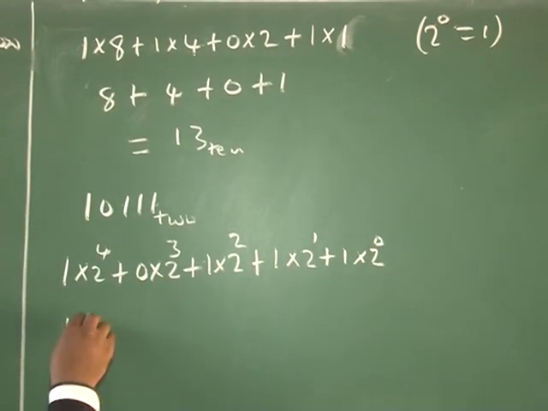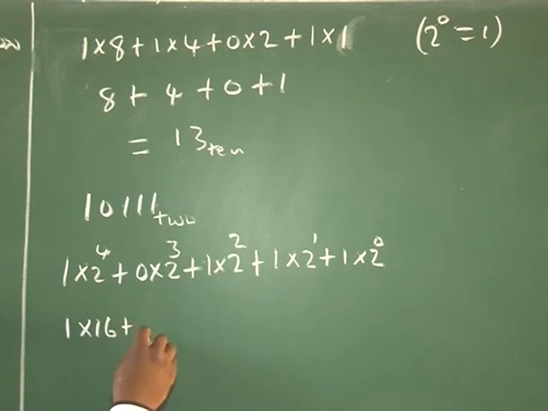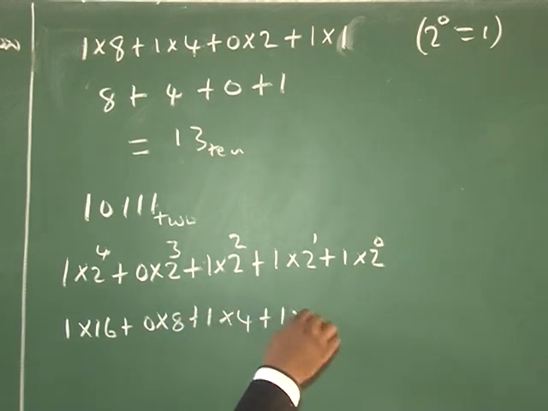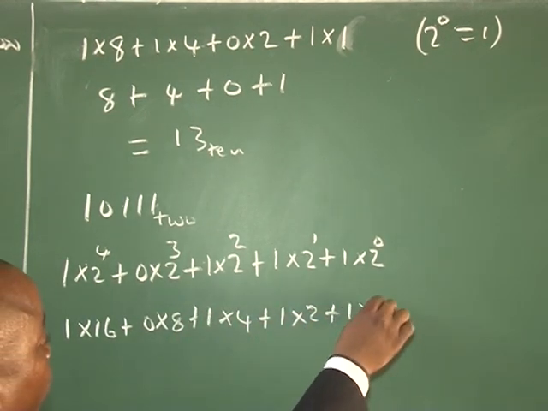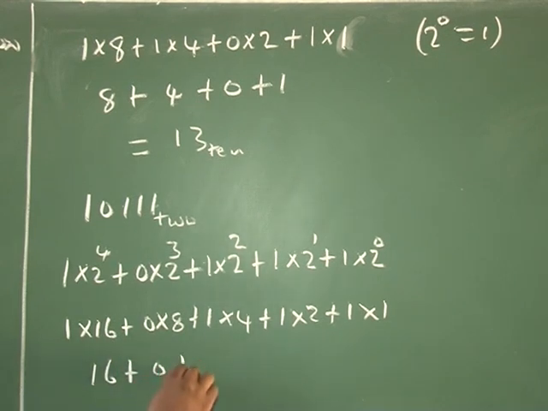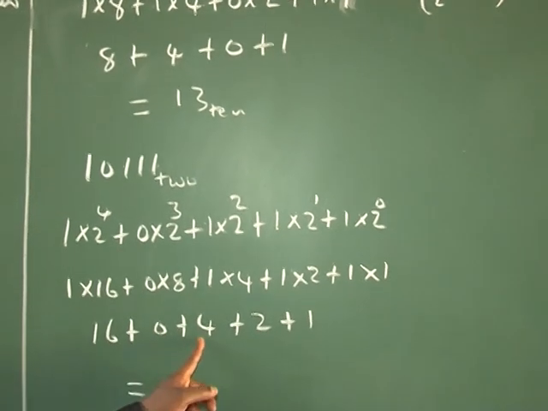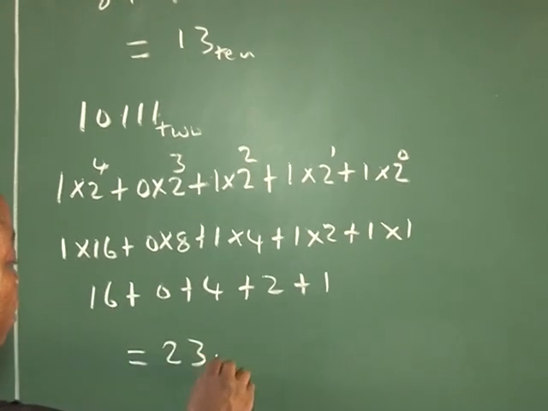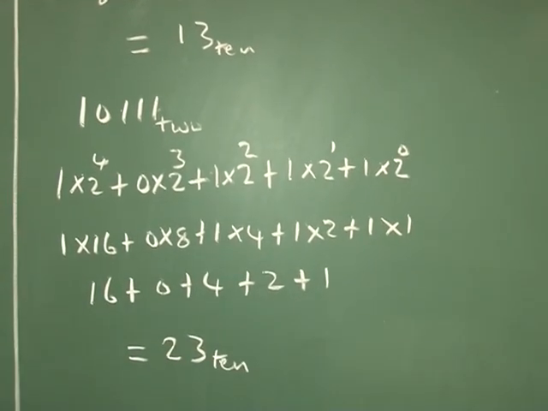And that will give us 1 times 16 plus 0 times 8 plus 1 times 4 plus 1 times 2 plus 1 times 1. 2 raised to 0 is 1. Then this gives us 16 plus 0 plus 4 plus 2 plus 1. 16 plus 4 is 20 plus 3 is 23 to base 10.